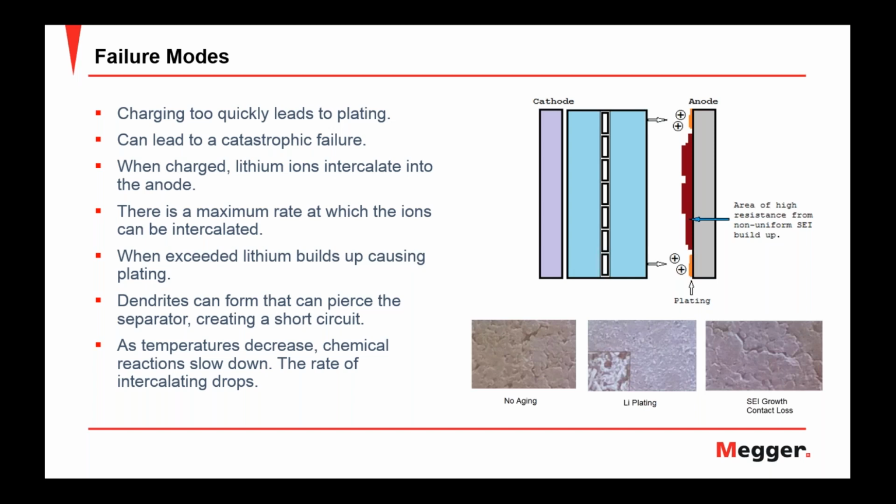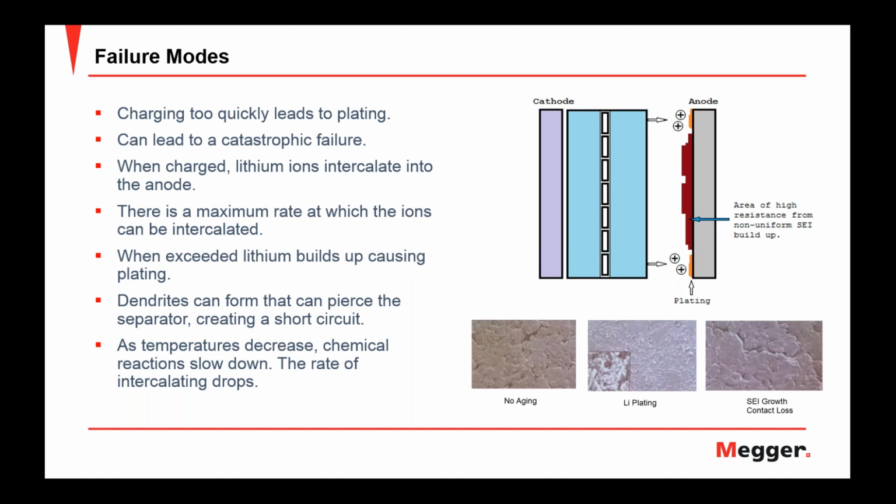So when we exceed this maximum rate, what will happen is the lithium will plate on the surface, creating dendrites that can short through the separators. This is why they have the BMS system, to make sure that this doesn't occur. It monitors the maximum rate of the charge.